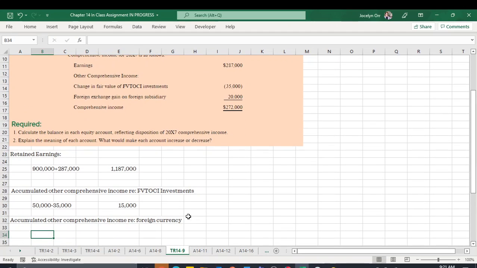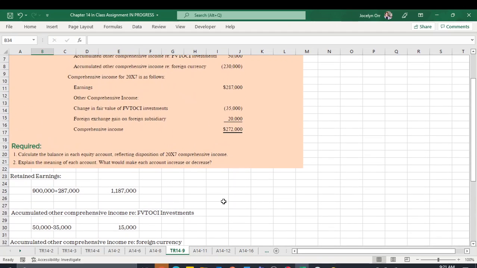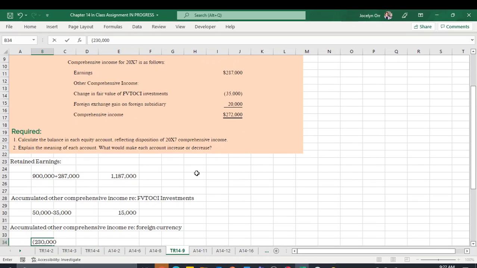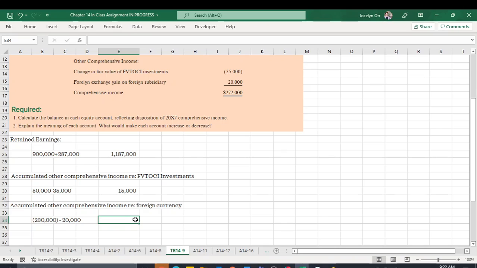So next we'll look at accumulated other comprehensive income relating to our foreign currency. So we had an overall loss of $230,000. And then we see that we actually had a gain in 20X7 of $20,000. So because that's a negative number representing the loss, we're going to, nope, I did it the wrong way.